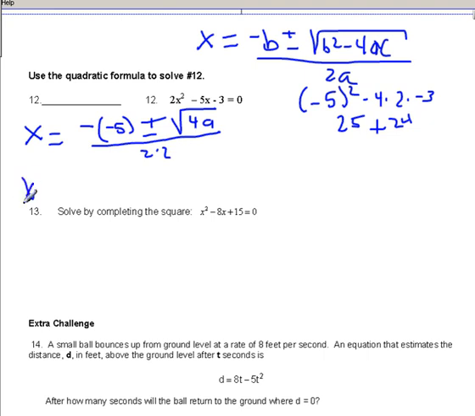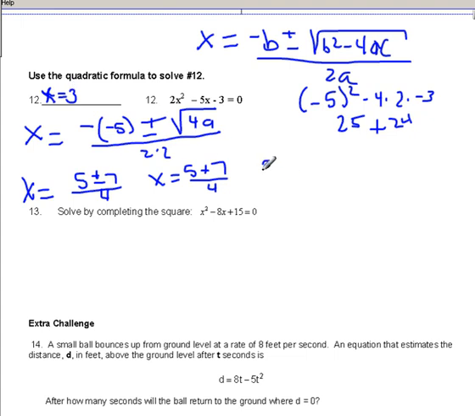So let's simplify it. x equals positive 5 plus or minus 7 all over 4. So then x equals 5 plus 7 over 4. So that's 12 over 4. x equals 3. That's an x.